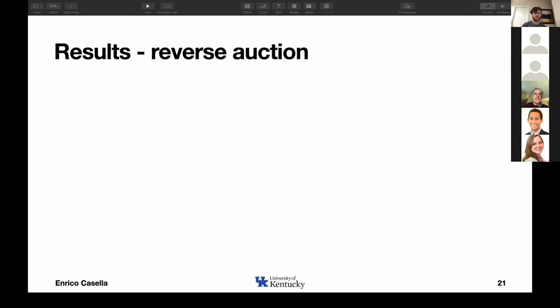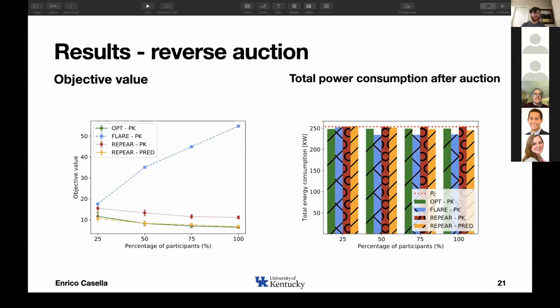Now going into the reverse auction experiments. First, I have to preface that we do compare our model with a state-of-the-art approach. In these slides, we refer to our approach as REPEAR, and we refer to the comparison approach as FLAIR.